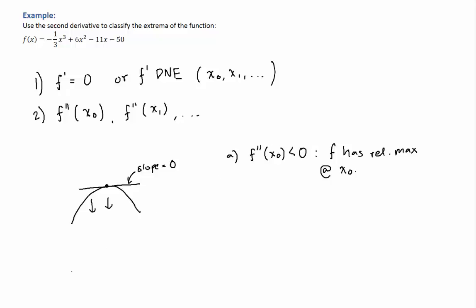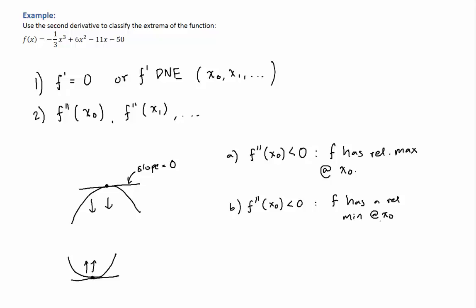You associate a relative max with positive and relative min with negative, but it's quite the opposite for the second derivative. Now let's look at what happens when the function is concave up and has a relative extremum. What you would have is that if the second derivative is positive, that is if the function is concave up at that critical point, then f has a relative min at x0.